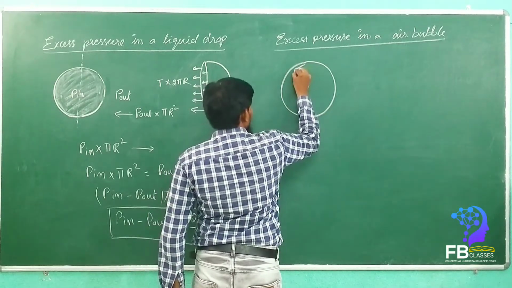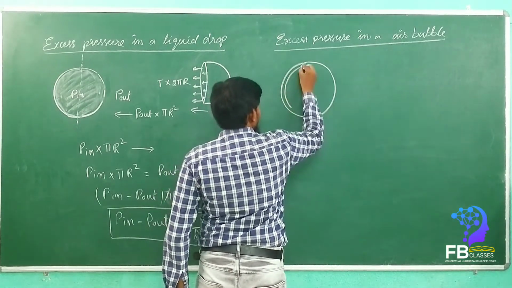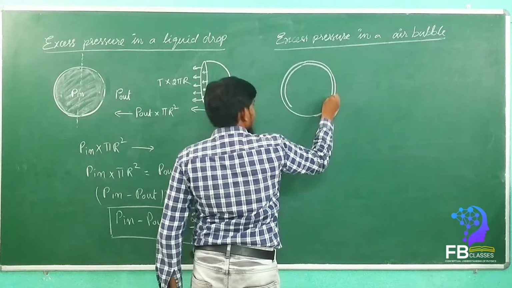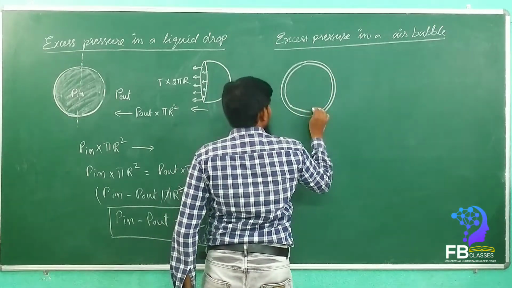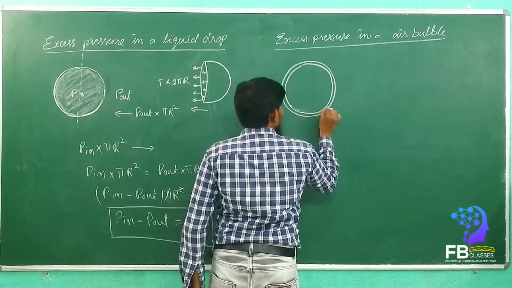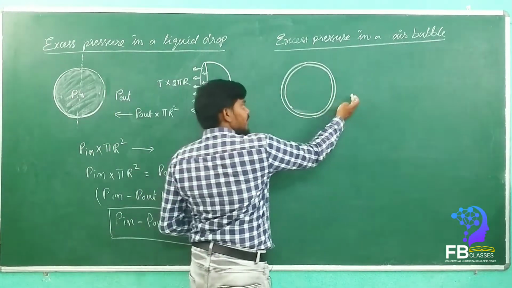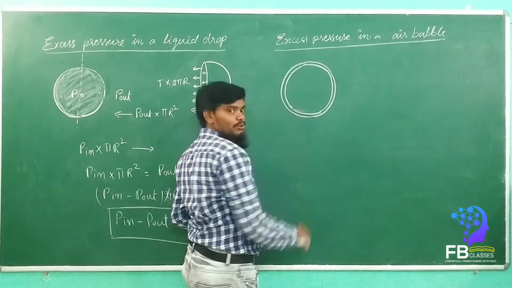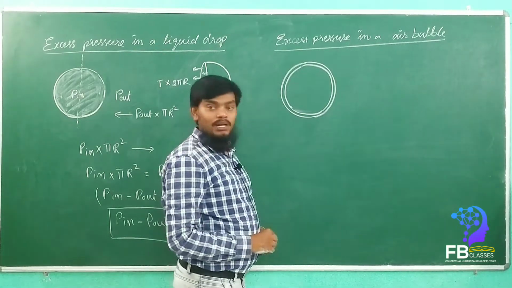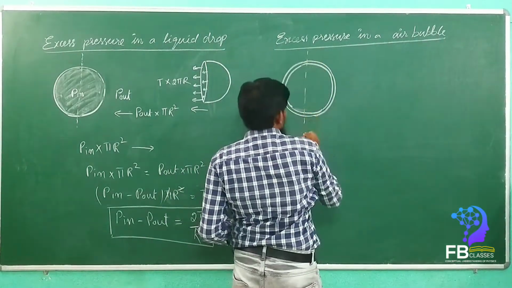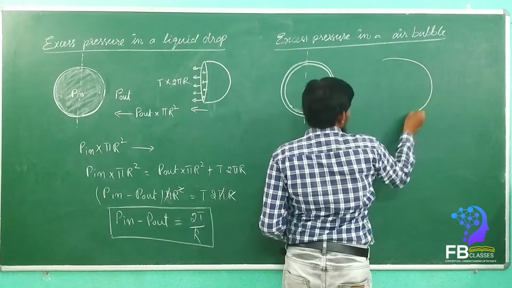So the air bubble will be like this. See here, an air bubble will have air outside and air inside also. Yes or no? If you cut it, what will happen? It will come like this. See here.